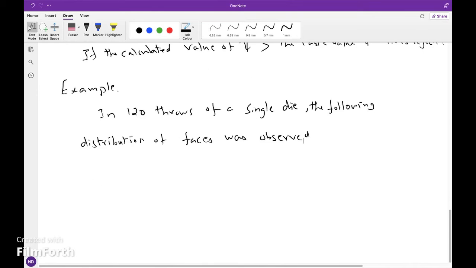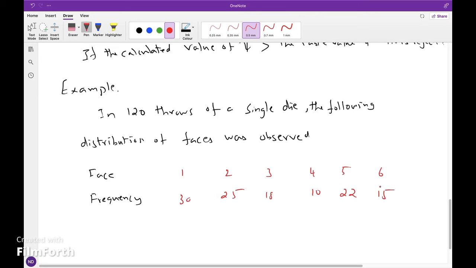Face: 1, 2, 3, 4, 5 and 6. Frequency: 30, 25, 18, 10, 22 and 15. Can you say that the die is biased?